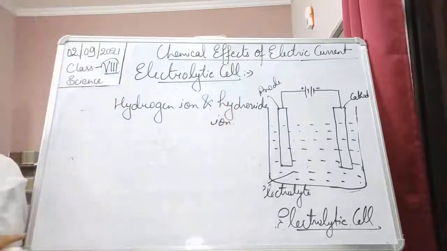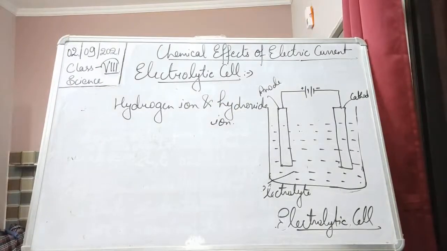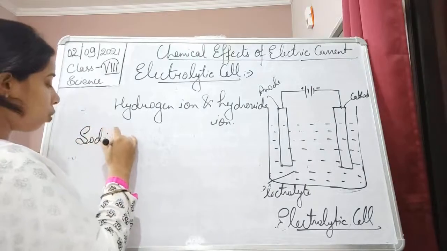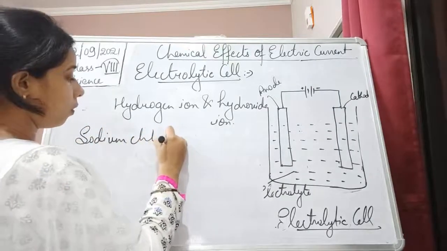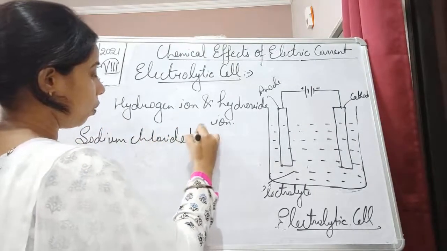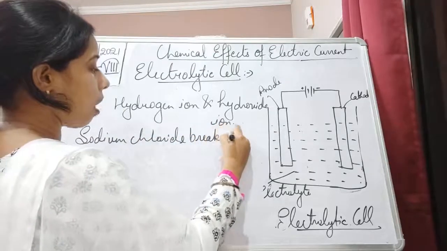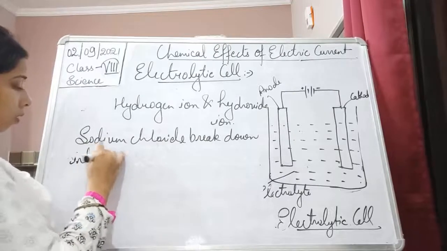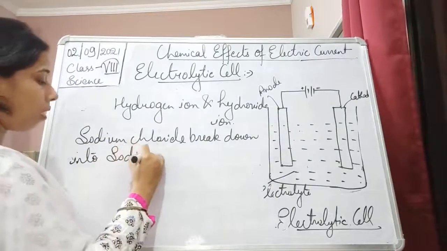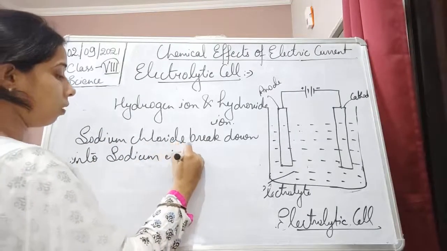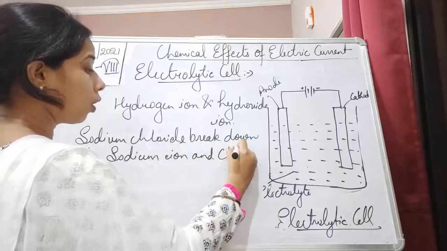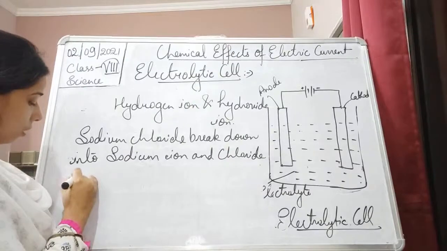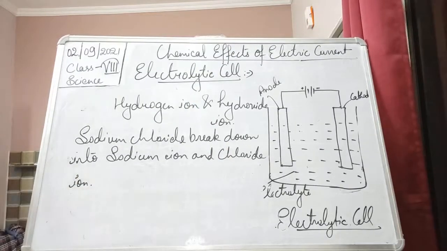Now, if sodium chloride is there, sodium chloride breaks down into sodium ion and chloride ion. Okay.